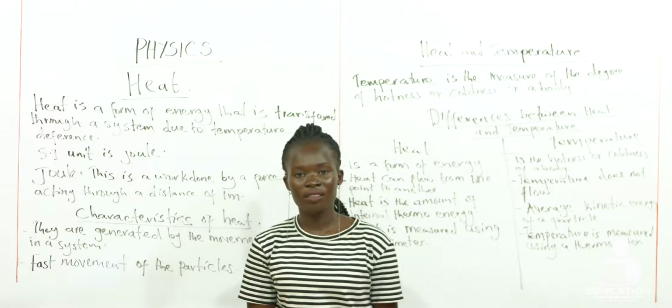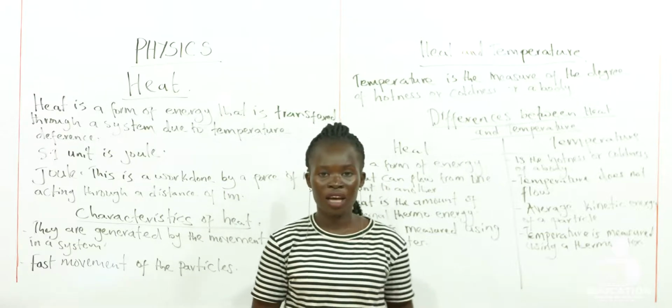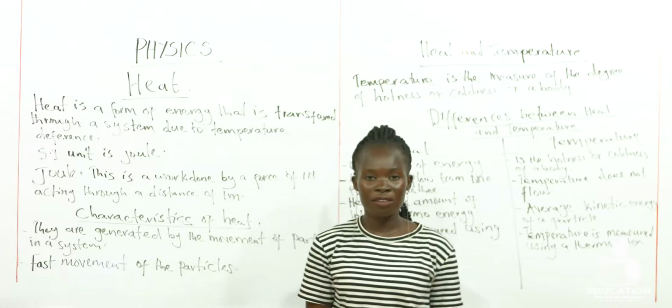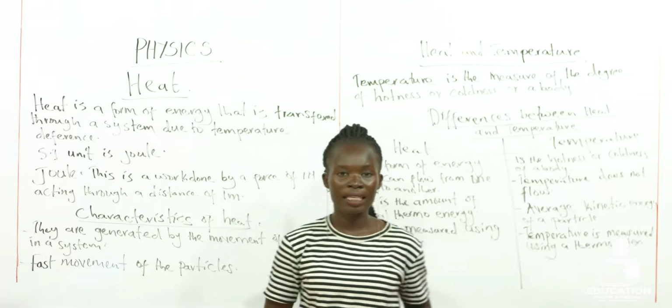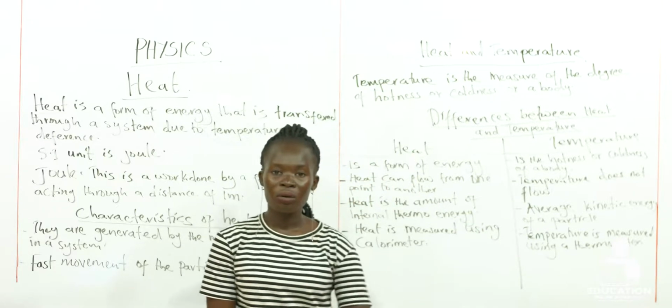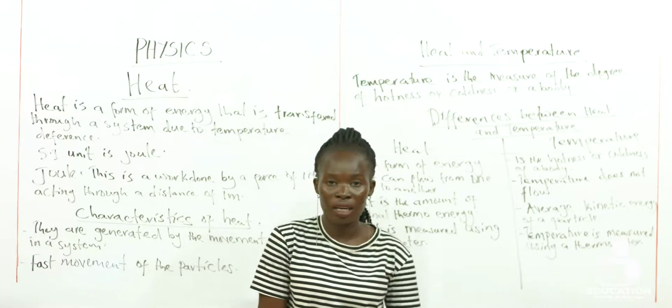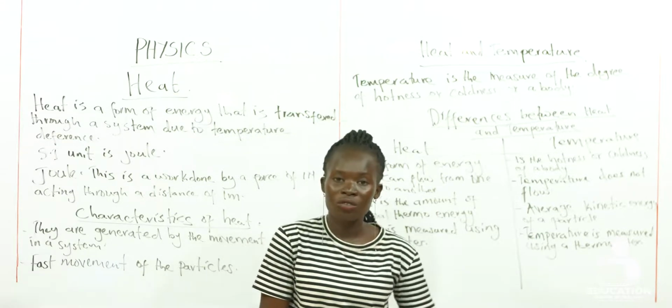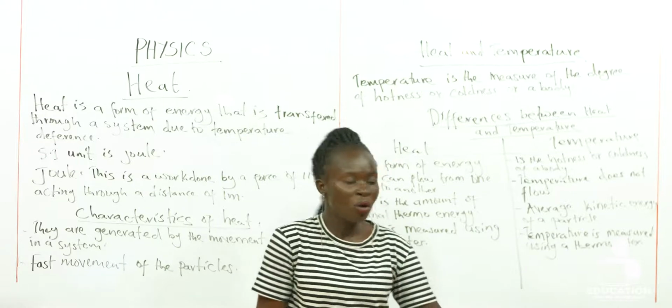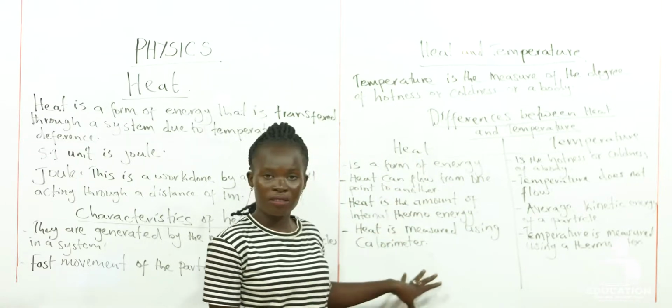So those are the two SI units of temperature. There are so many differences you can find between heat and temperature. So now we should not confuse the two, saying that heat is actually temperature. Heat is not the temperature because of these differences.